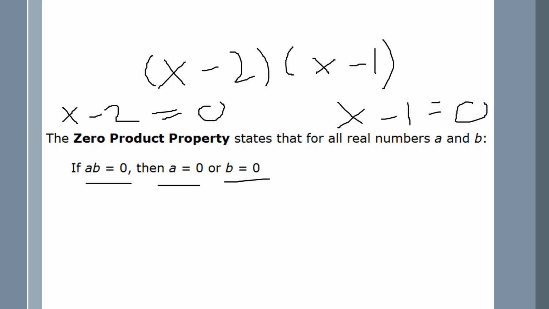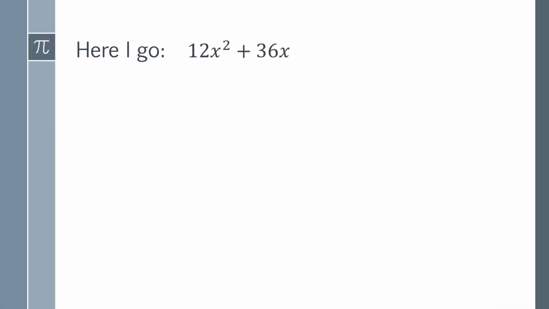We know these things specifically because of the zero remainder theorem. Alright, so I am going to try this problem.